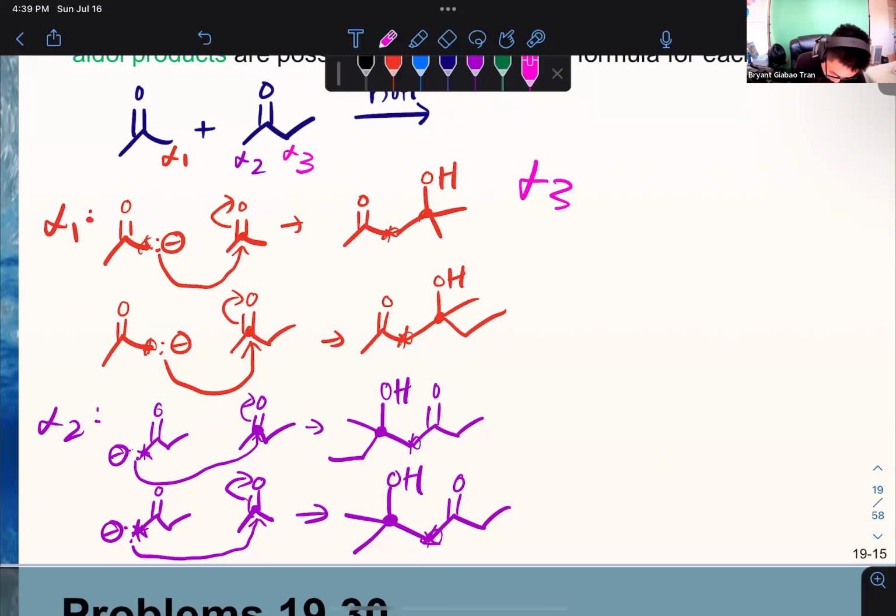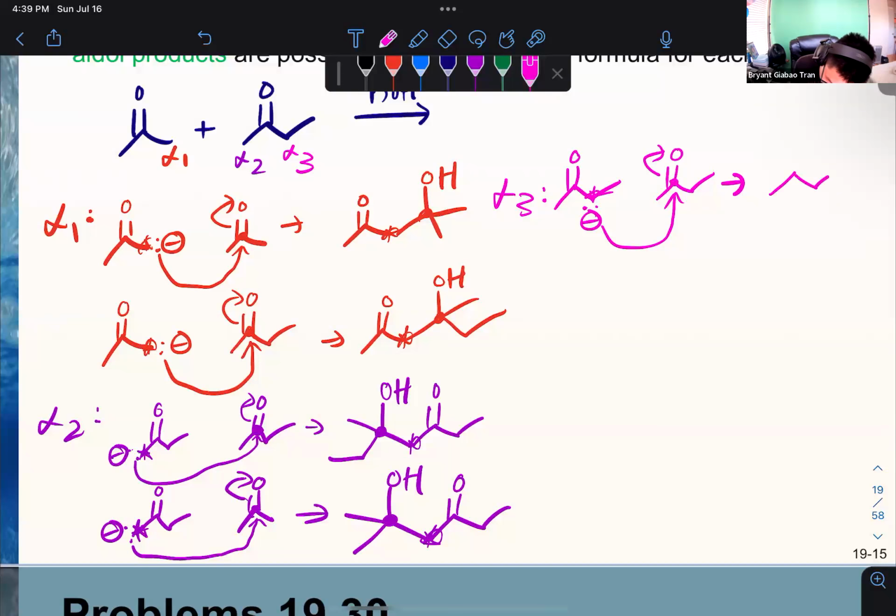And let's look at alpha 3 now, where our negative charge is on this alpha carbon. It could attack itself like this and give you this, the new bond between the starred and dotted carbon. That dotted carbon is attached to an O-, which gets protonated to OH, an ethyl group, and a methyl group.